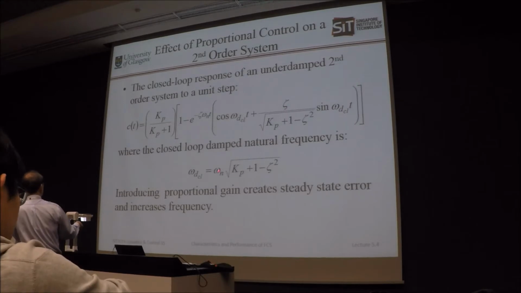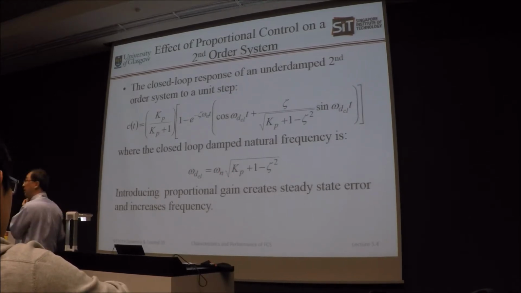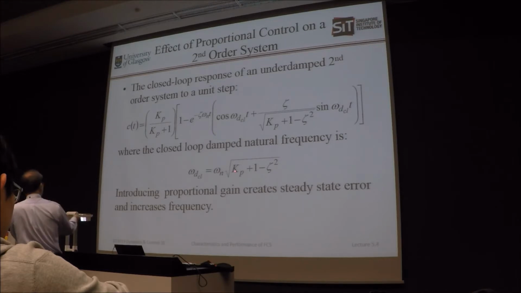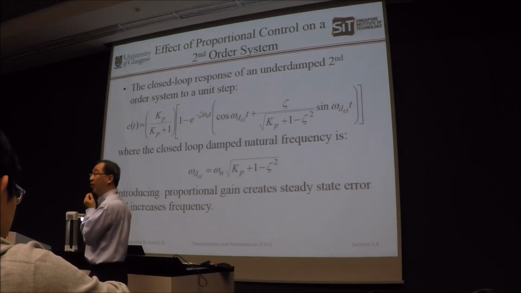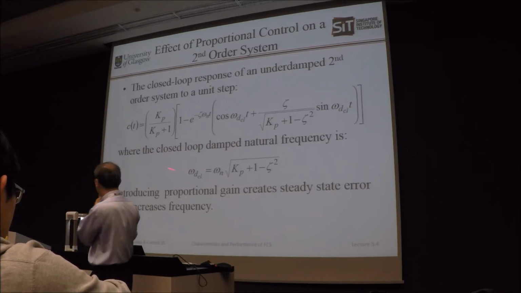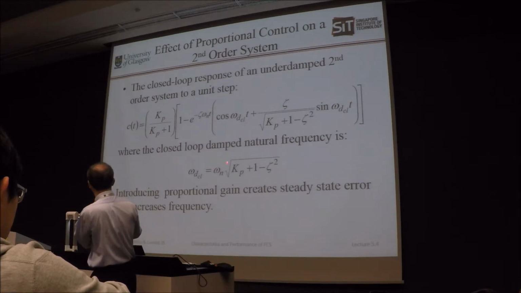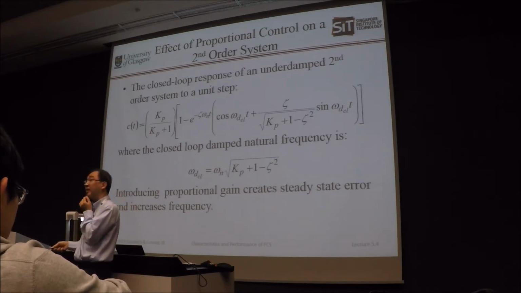Because this is your omega n, and what happened now is your omega d is going to be greater compared to your original omega d, correct? Because of the Kp term. If I set Kp equal to 10, originally, what is your omega d open loop? Omega d open loop is equal to omega n multiplied by square root of 1 minus zeta squared.